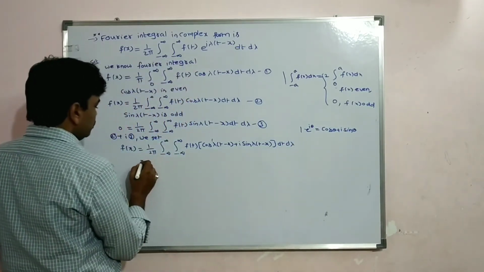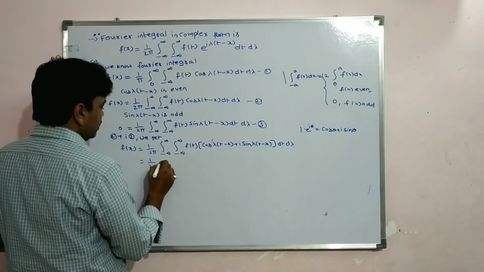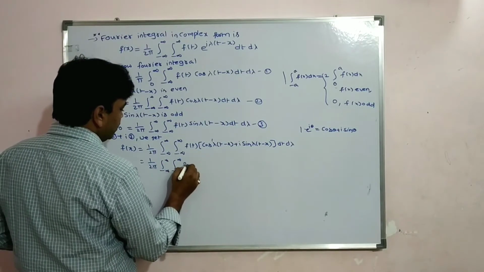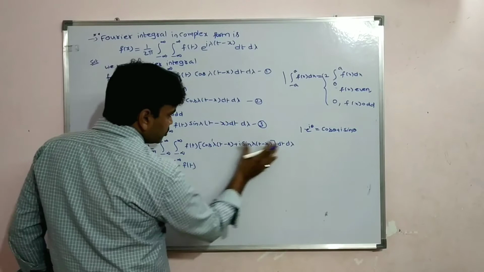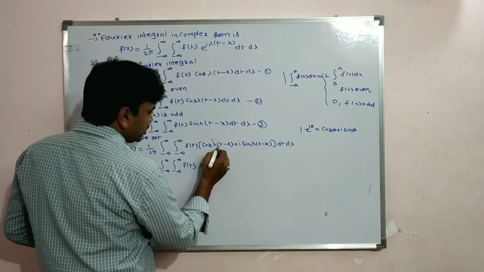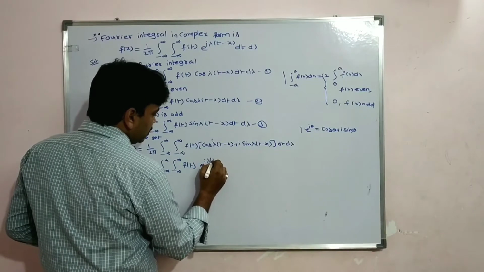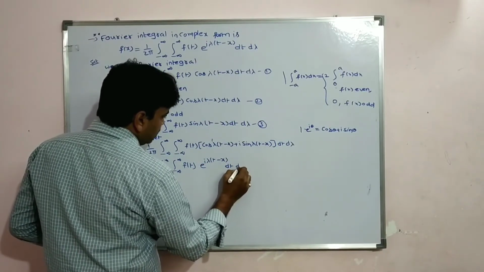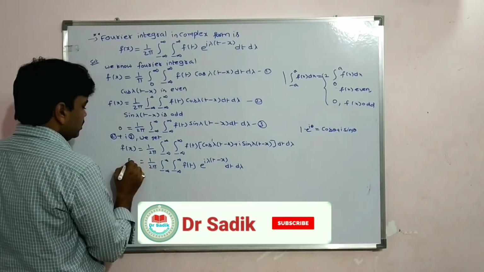So that is equal to 1 by 2 pi integral minus infinity to infinity, integral minus infinity to infinity, f of t, and this can be written as e power i theta. What is theta here? Lambda (t minus x), dt d lambda.